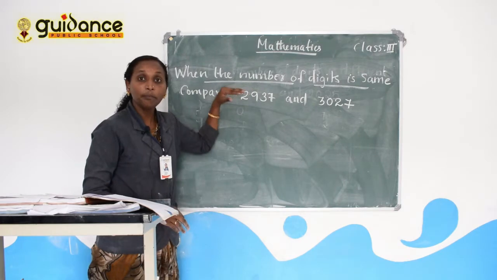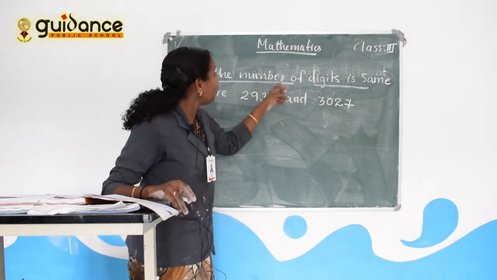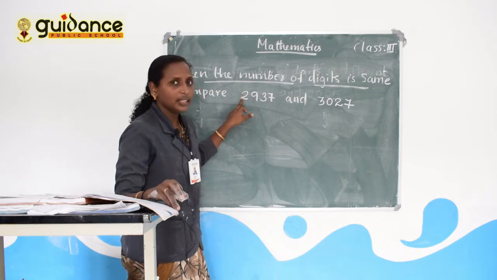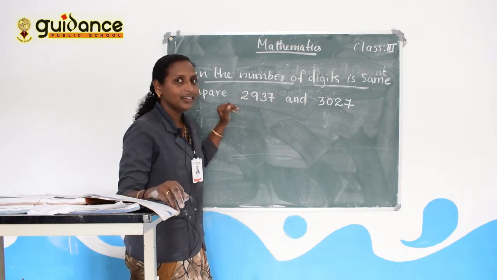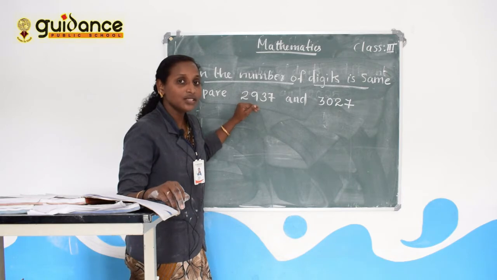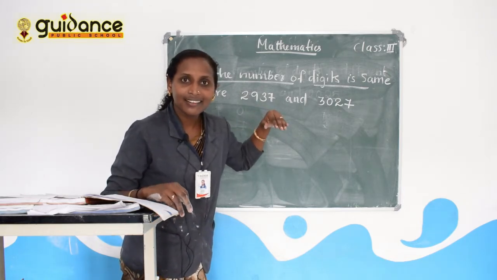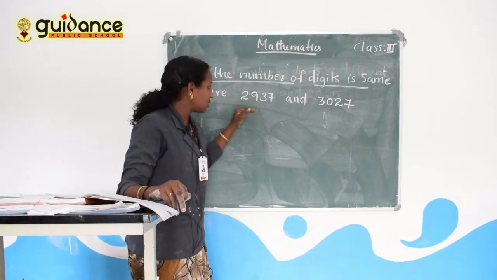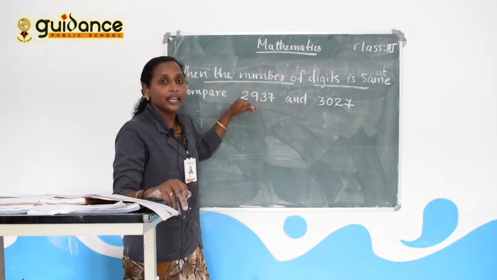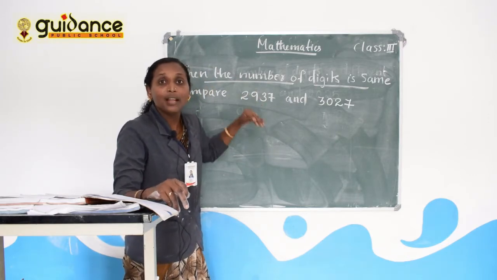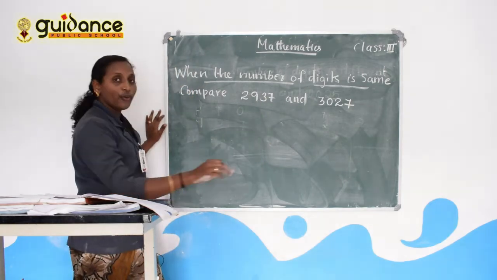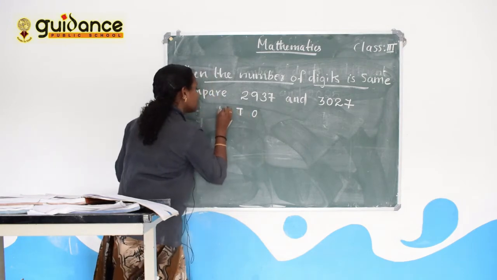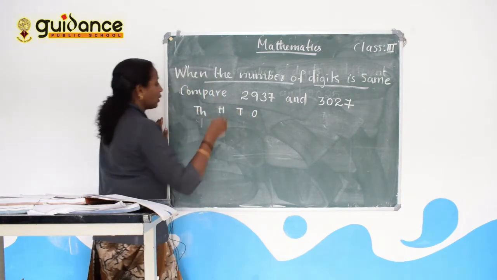Both numbers have the same number of digits and the thousands place is different. First we have to write the numbers in the place value form. This is a 4-digit number, that means it has ones, tens, hundreds and thousands.